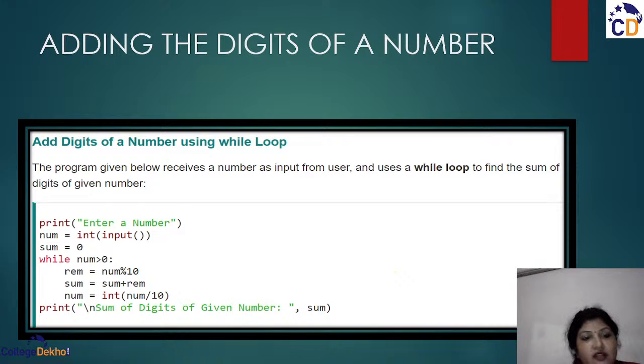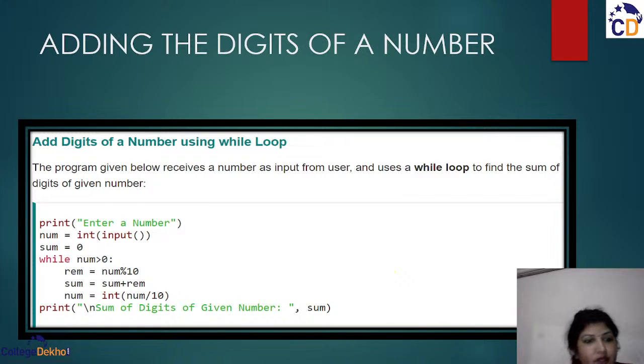Indentation means this number of statements are coming under that particular loop. And how to exit from that loop? By simply not following the indentation format. For example, while number is greater than 0, then colon. I told you after if you need to mention a colon, and after else you need to mention a colon.